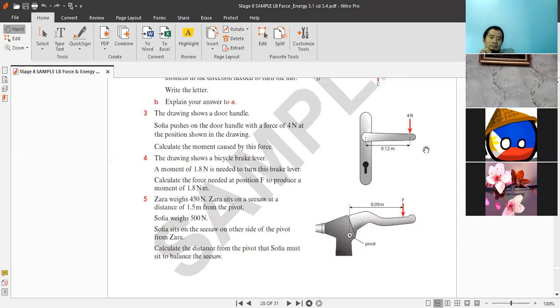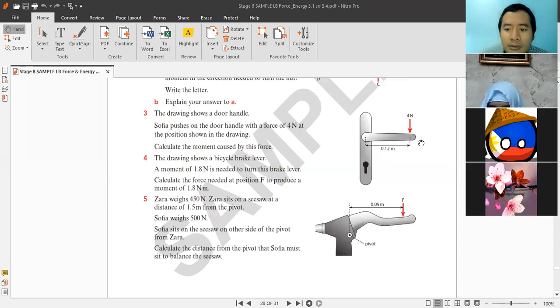Sophia weighs 500 newtons. Sophia is on the seesaw on the other side of the pivot from Zara. Calculate the distance from the pivot that Sophia must sit to balance the seesaw. Okay, thank you so much.